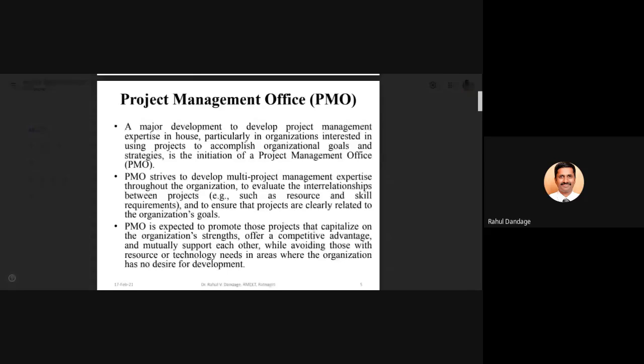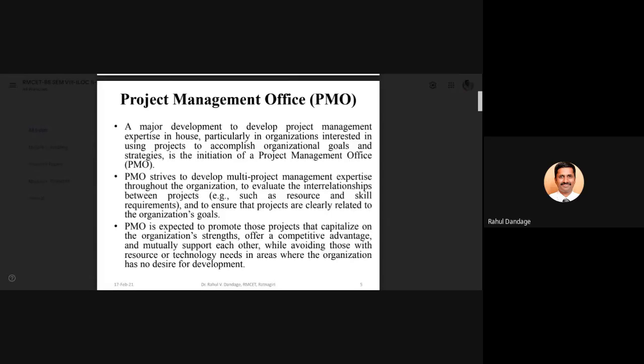It strives to develop multi-project management expertise throughout the organization. So how to handle multiple projects at a time, that expertise the PMO will try to develop throughout the organization, to evaluate the interrelationship between the projects.